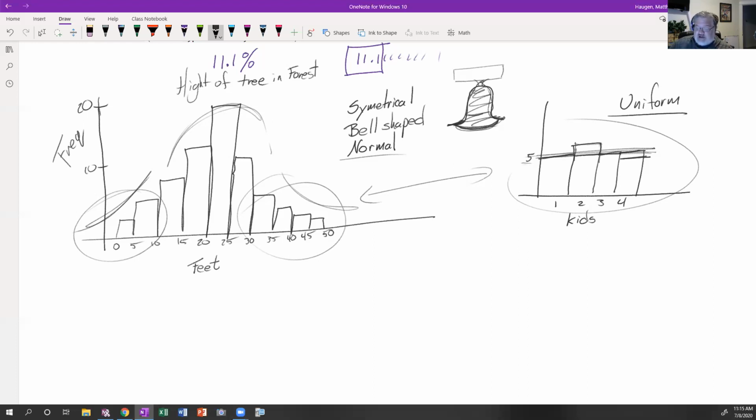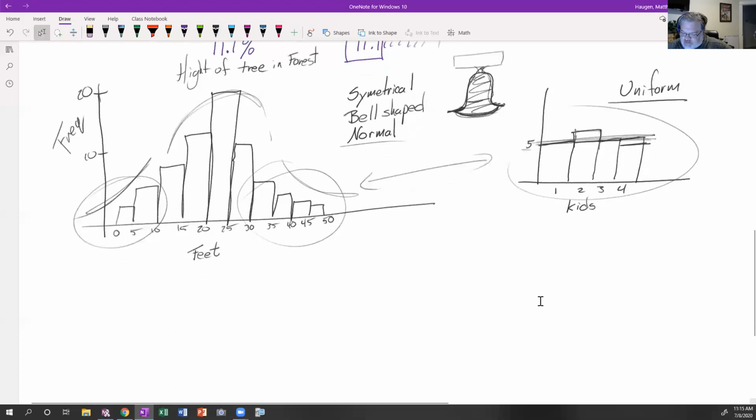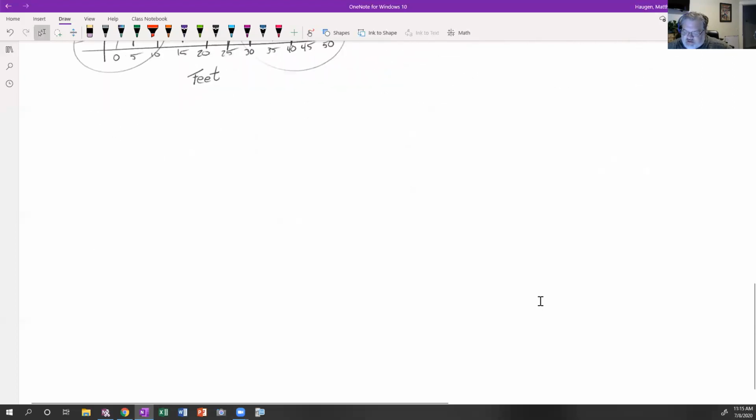And we'll find later that even data that's not given to us in a bell-shaped distribution, some of the things we're going to do to it turn it into a bell-shaped distribution. So this normal distribution shape is going to be really common for us. But there are a couple of others that we want to be familiar with before we go too much further.